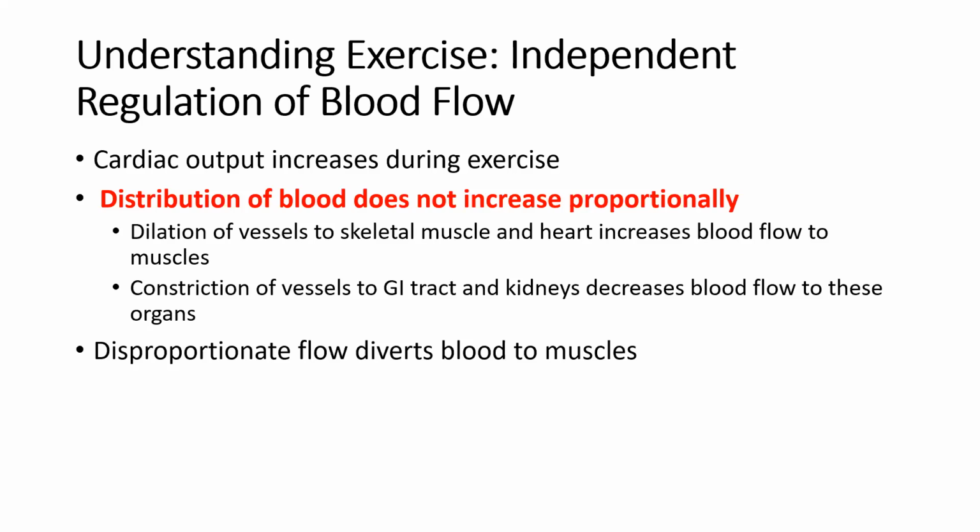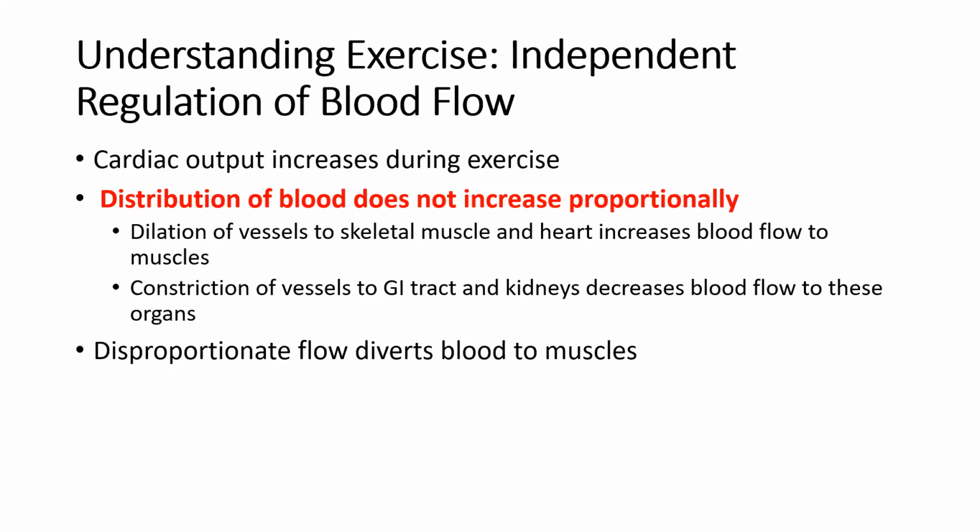Can anyone predict which organ system would be exempt from this general rule? So let me rephrase that. So we see that if we're exercising or increasing our metabolic demand, increasing cardiac output, that cardiac output is not going to be distributed evenly.